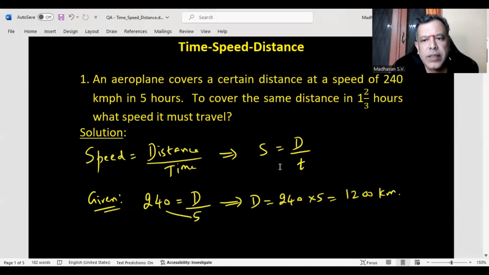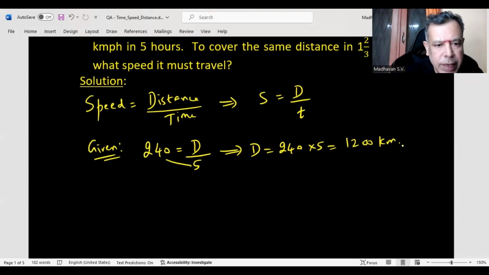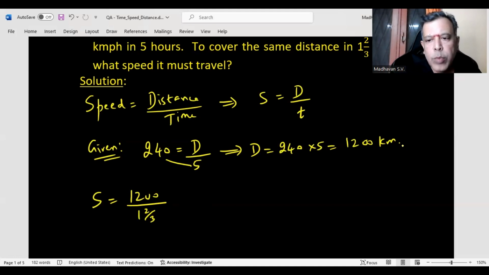Now, to cover the same distance, means to cover this 1200 in 1 2 by 3 hours, what speed must it travel? So again, speed is equal to distance traveled, which is known now, 1200. Time taken is given in the question as 1 2 by 3 hours. 1 2 by 3 can be written as 1 into 3 plus 2 by 3, which is 3 plus 2, 5 by 3.